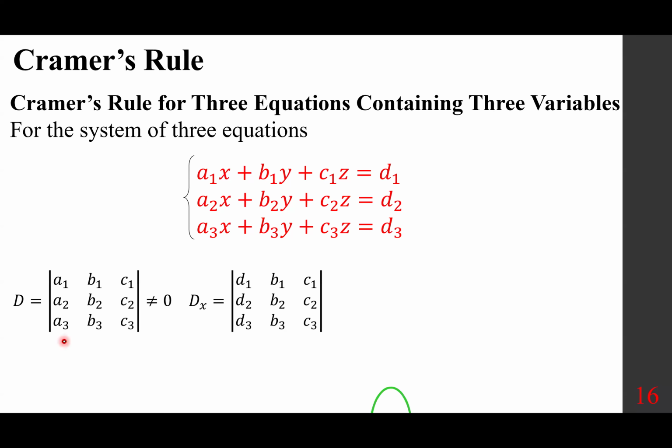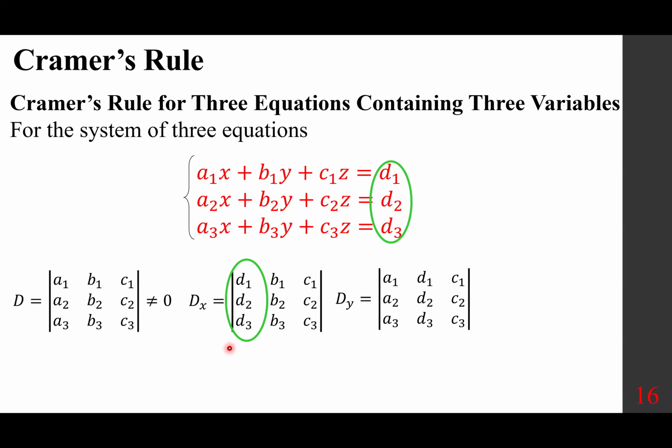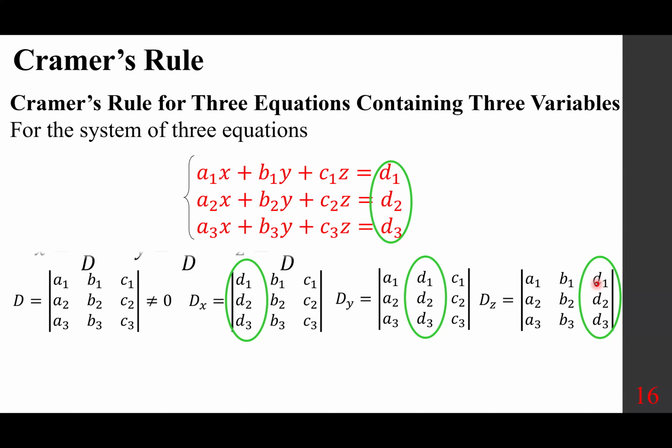So the x column, the first row, changes to the solution column for D sub x. For D sub y, the second one changes to this. And for D sub z, the last column changes. And now the same formula as before. X is dx over d, y is dy over d, z is dz over d. So it's pretty straightforward.